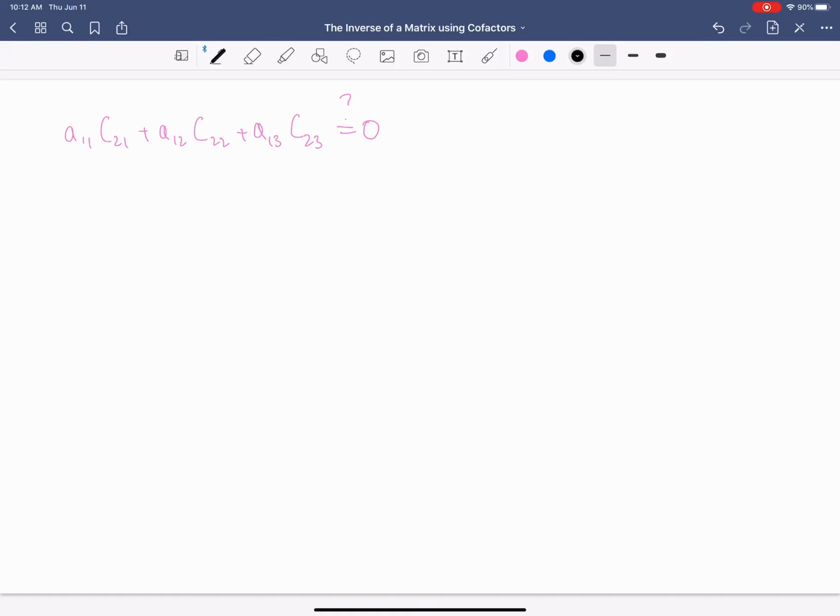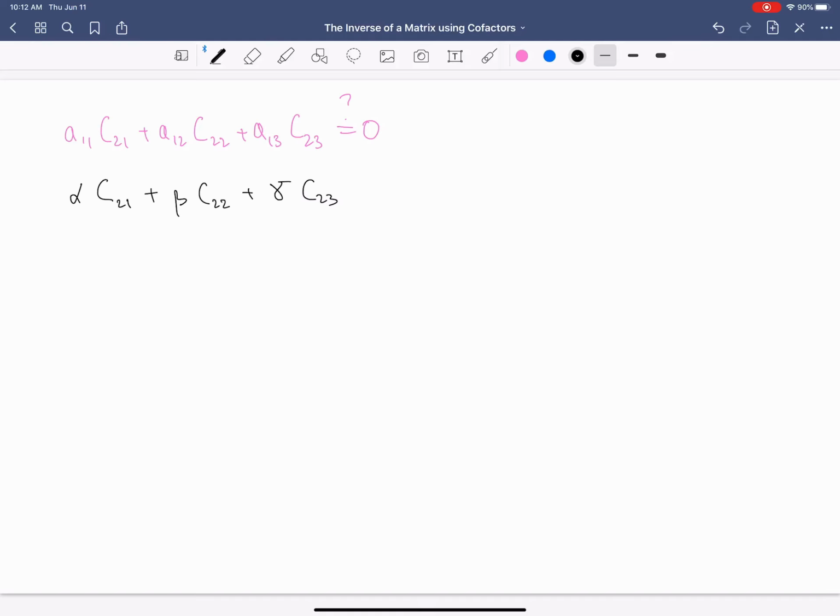For a moment, forget about A11, A12, A13. Those are just some numbers, right? So let me write here maybe different letters. Let me just say alpha, for a moment, C21, plus beta C22 plus gamma C23, right?